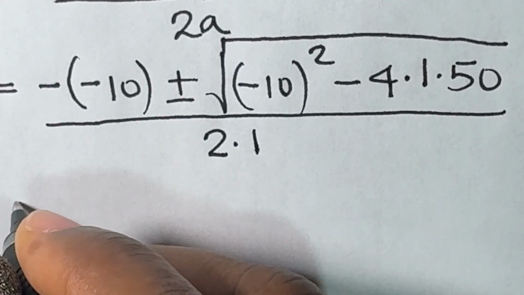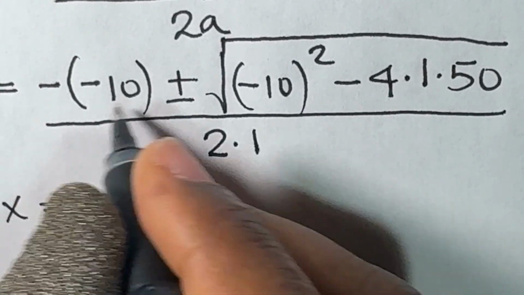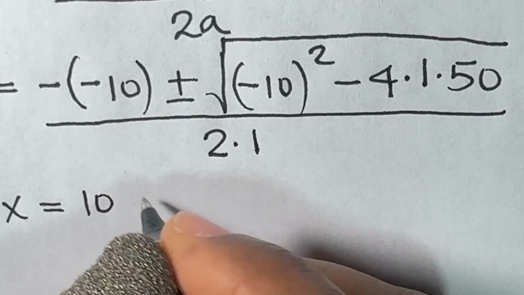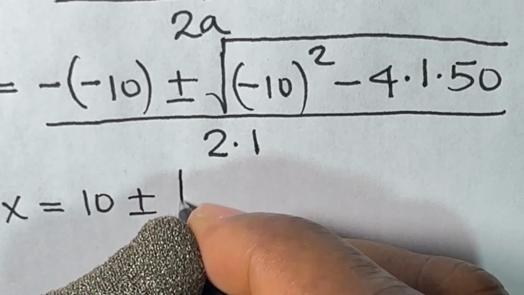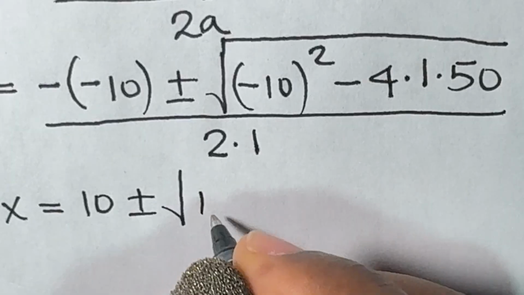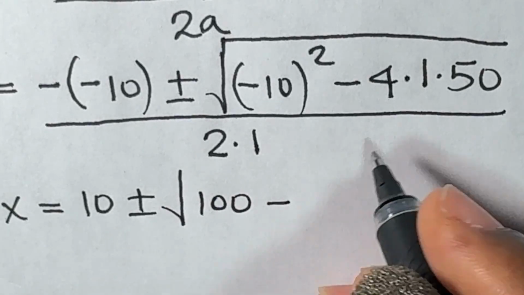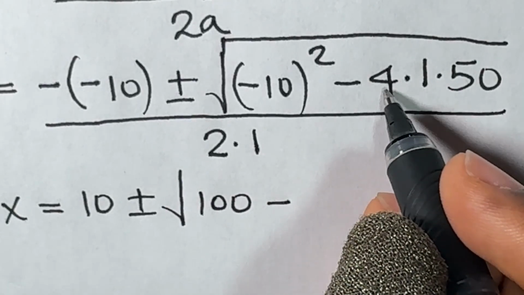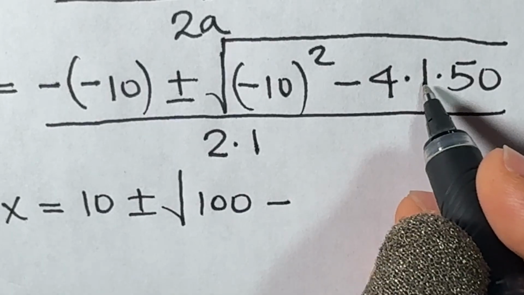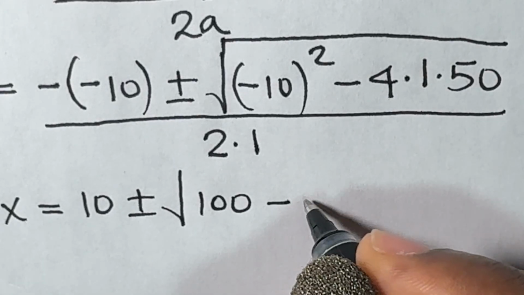Therefore, x becomes 10 plus or minus, this will give us 100 minus, this is 4 times 1, which is 4. 4 times 50 is 200.